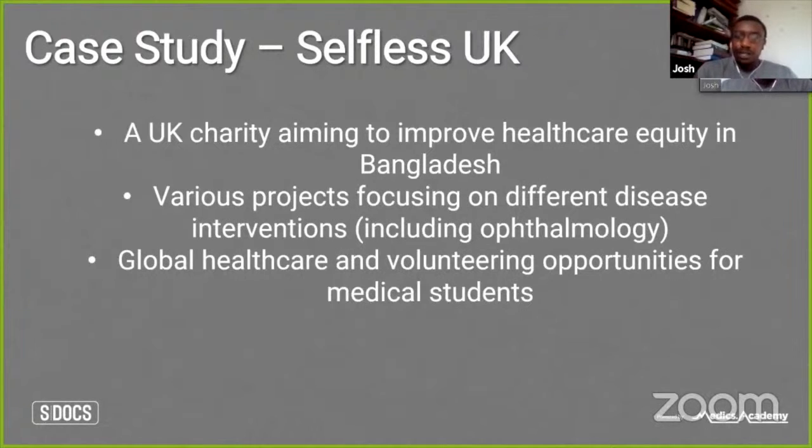I think a lot of this audience may be medical students watching this video, and that's why I think this case study is just great to bring in, because it's looking at global health, it's looking at ophthalmology, and it's got that opportunity for medical students who may want to get involved in this topic. It gives an avenue for them to get involved in more.